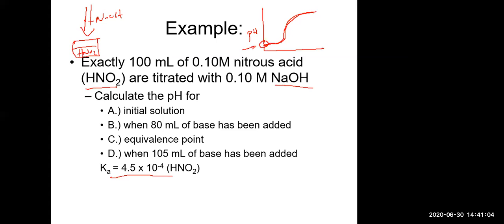So in part A, we have our HNO2, and it was 0.1 molar, and the Ka value is 4.5 times 10 to the minus 4. Since we have not added anything, we're just going to do our basic weak acid that's going to break apart.